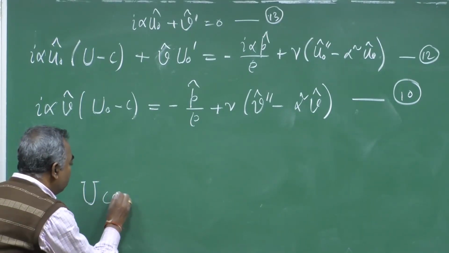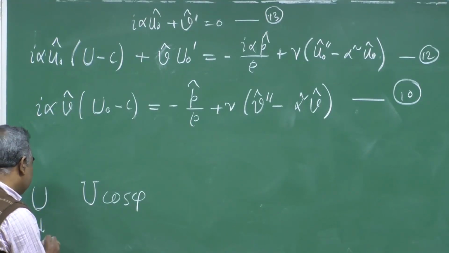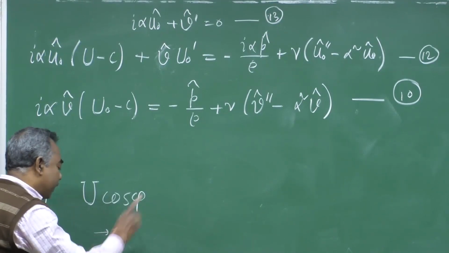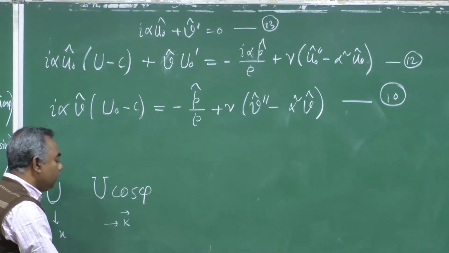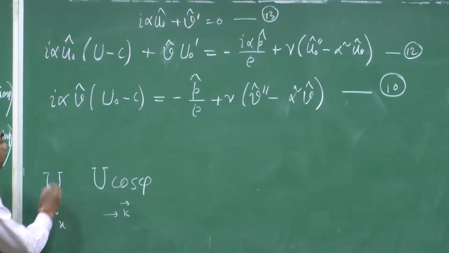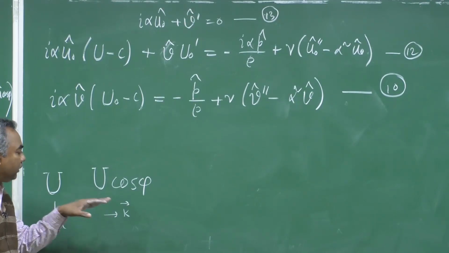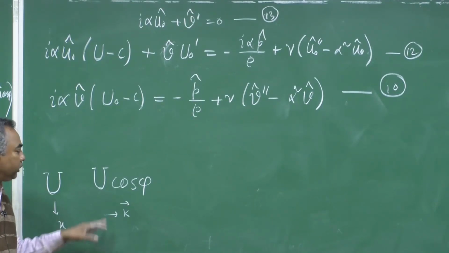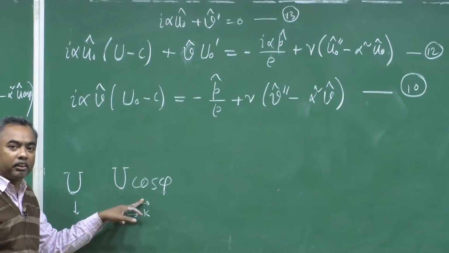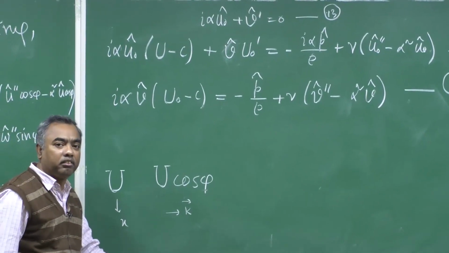That is u cosine phi. Okay. This one is direction x, this one along the k direction, wave vector direction. You see, if we consider the 3D disturbances which is propagating in this particular direction, velocity in that direction is smaller than the velocity in the x direction.